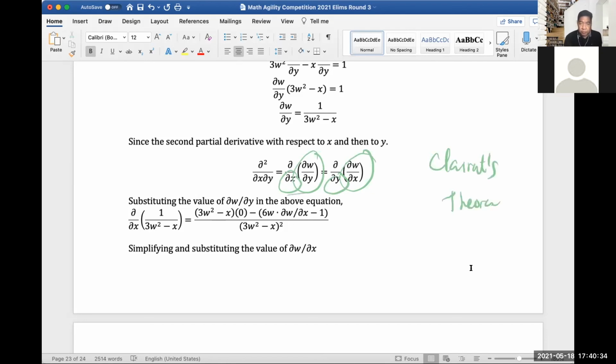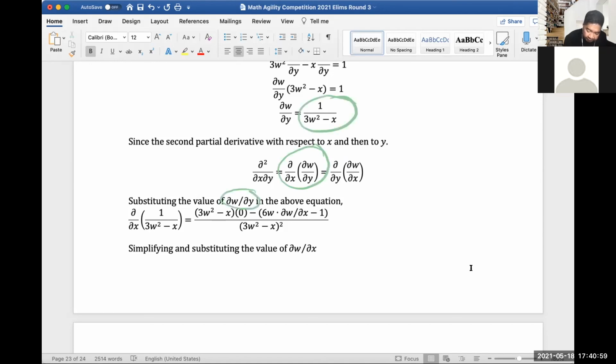So that's the second partial derivative. The last two expressions are equal. And then substituting the value of partial of w with respect to y in the above equation. So since we have this value, let's substitute it inside. I plug it in here.